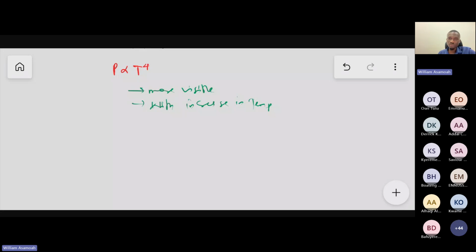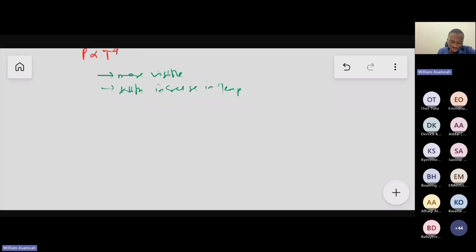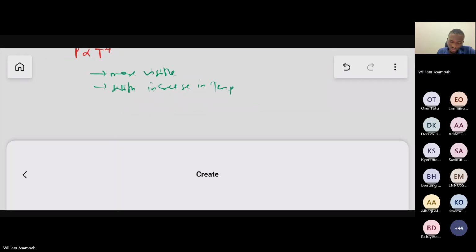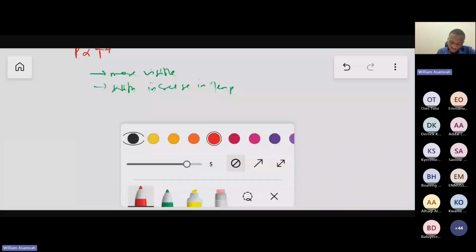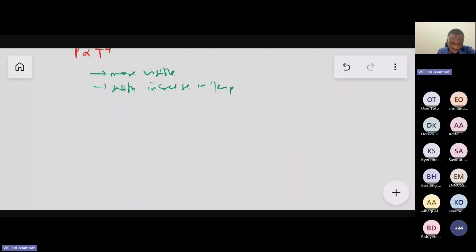Now, typically in the filaments of cars, their temperatures are around 2,500 to 3,000 degrees Celsius, right?